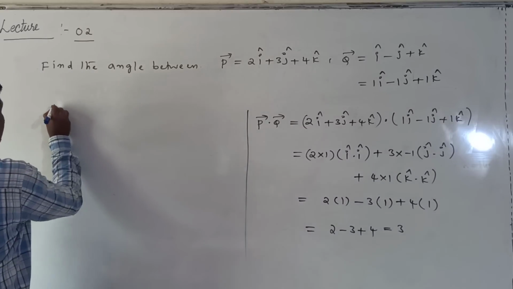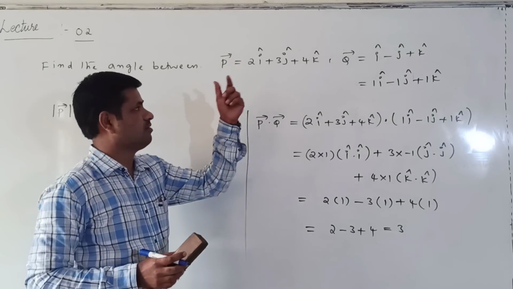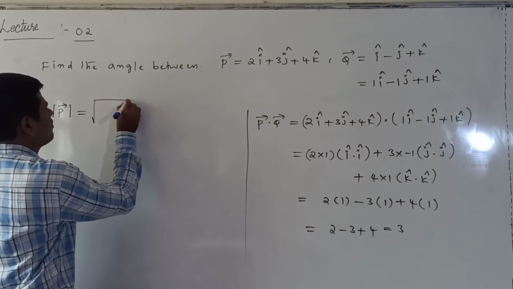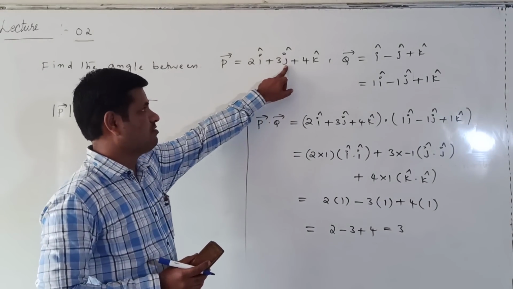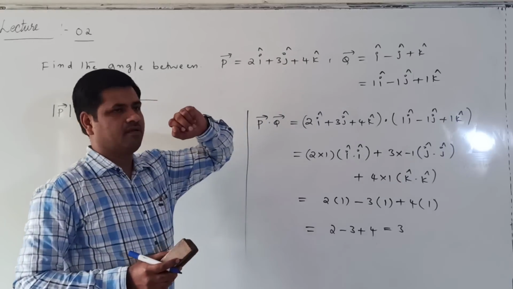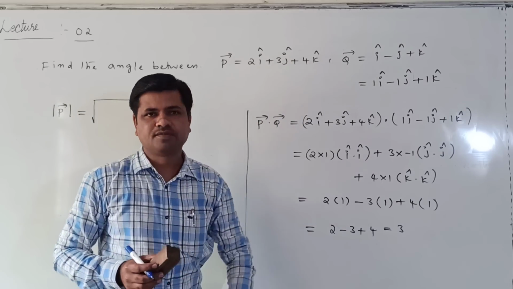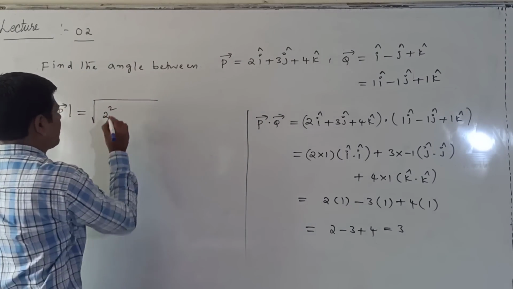To find mod P bar, the magnitude of this vector: how to find the magnitude? Under root of i coefficient square, j coefficient square and k coefficient square. The i coefficient here is 2, so 2 square.